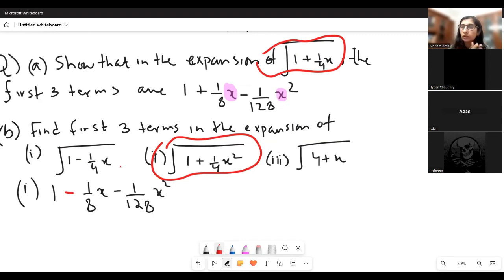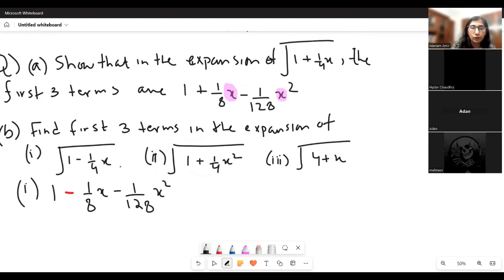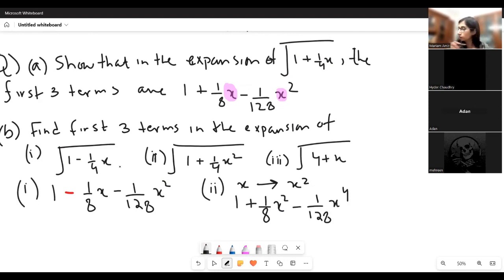So you'll go to the expanded form and replace every x with x squared. So in part 2, all you have to do is replace x with x squared. So you get 1 plus 1 upon 8 x squared minus 1 over 128 x power 4.